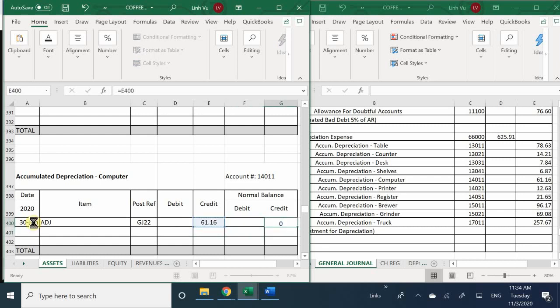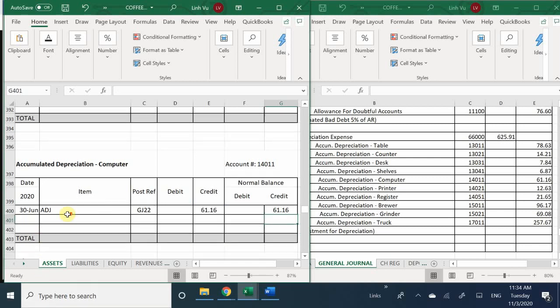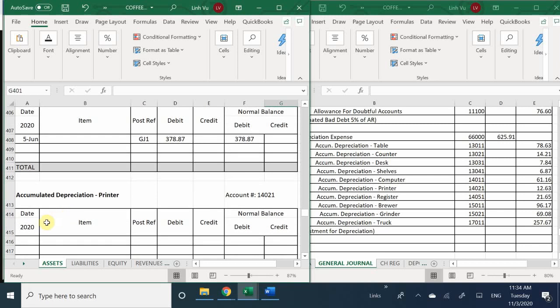Therefore, that's my credit balance there for 6116. All right, now I'm going to scroll down. Next one is my printer. 630. ADJ for adjustment. General journal number 22. For what amount am I? 1263. Right? Same thing as my other current balance.